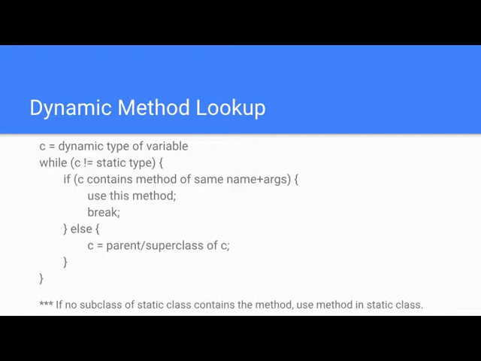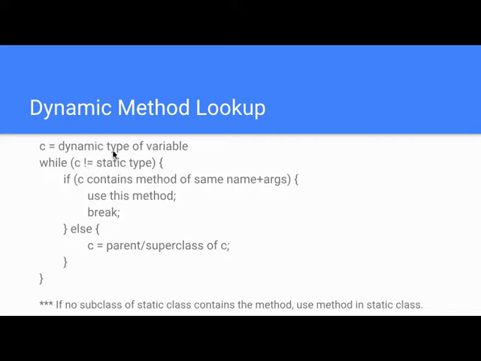Over here, I have kind of pseudocode written down on how we use dynamic method lookup. So when we are at runtime, it is implied that we compiled A-OK, everything's fine. This means that the static type does have the method that is getting invoked as well as a method that can take in those arguments. So let's call C the dynamic type of the variable.